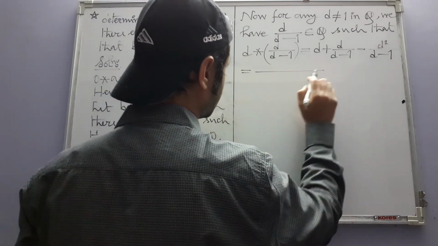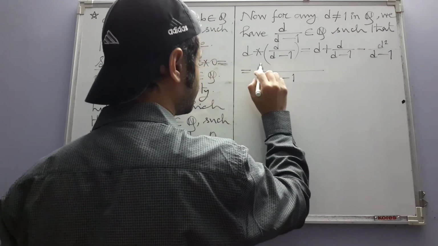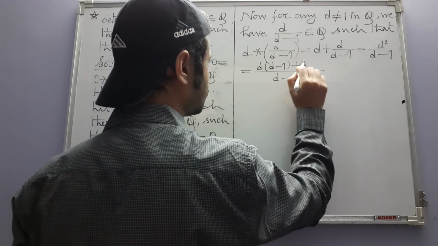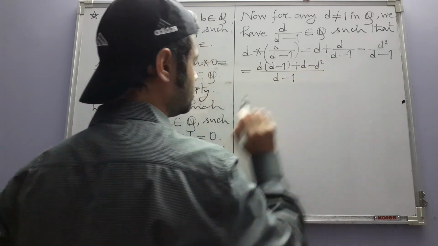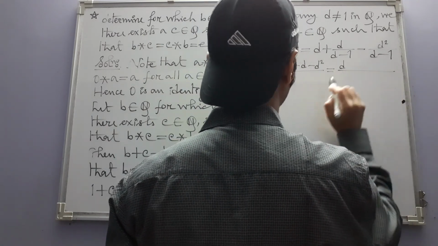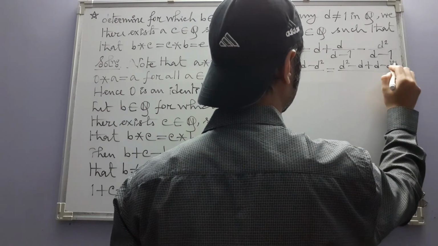So if we take D minus 1 LCM, then we get plus D minus D square, and that becomes D square minus D plus D minus D square.